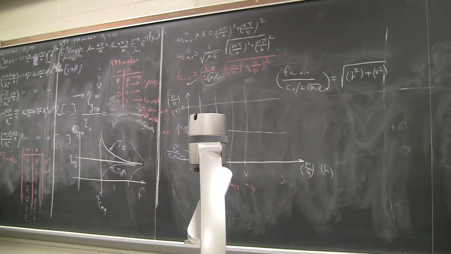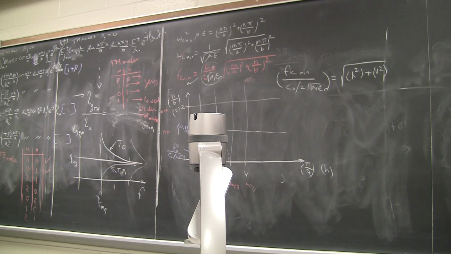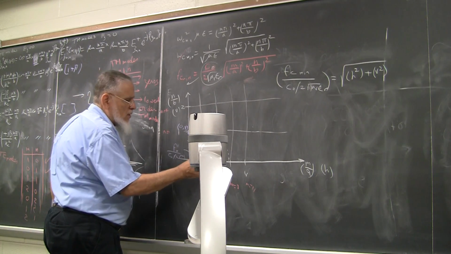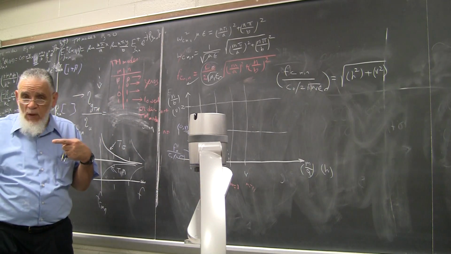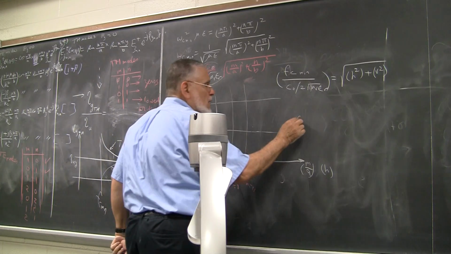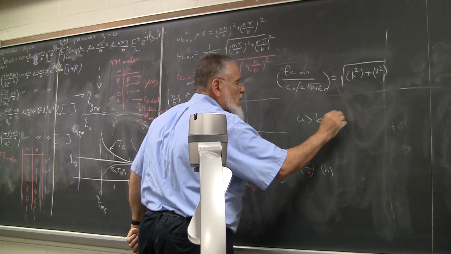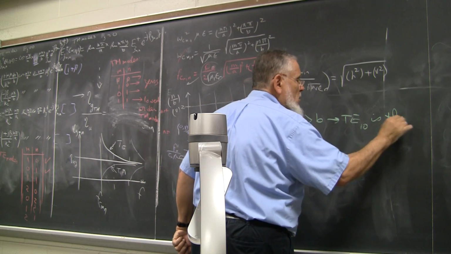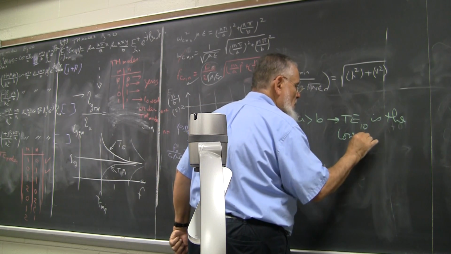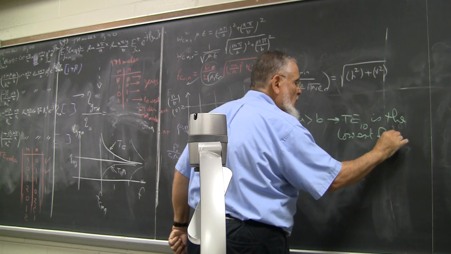Like I said, you can always do an Excel sheet and sort out your cutoff frequencies after the substitution. You can tell which one happens first. But by all means, it's obvious that the 1-0 is going to happen first, assuming that the horizontal is wider than the vertical. If a is greater than b, then TE 10 is the lowest f sub c of all.